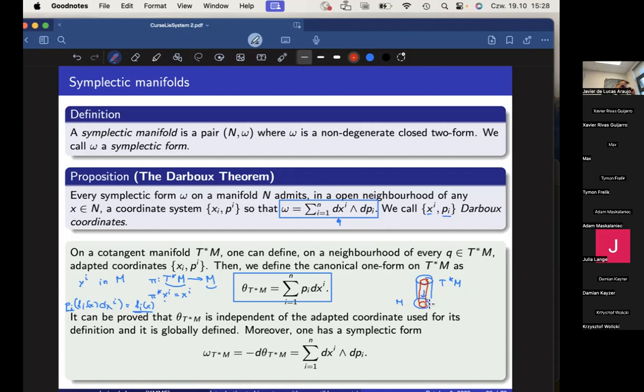So you have this x_i, and here you have the p_i defined here. But you know, these coordinates are local. If you pick up another open subset of the manifold M, you will have other coordinates. For example, let us say that they are y_i, and related to them, you will have other moments that will be p_i prime related to them.